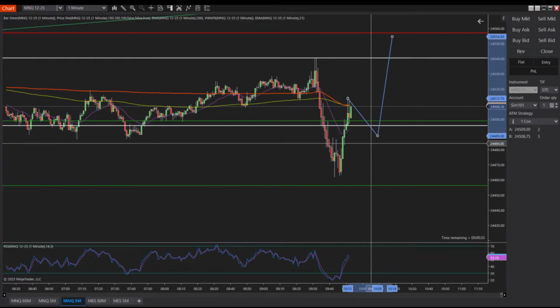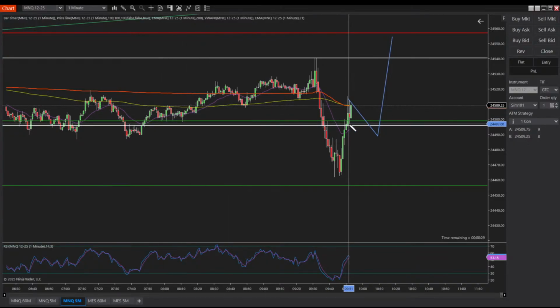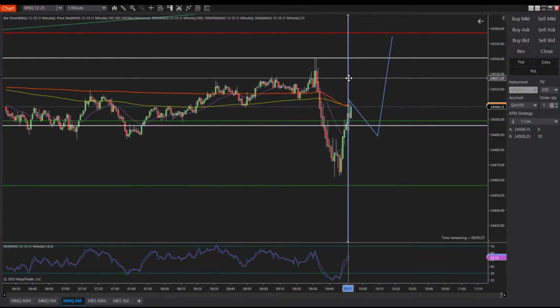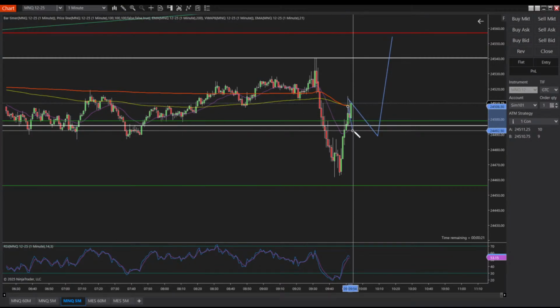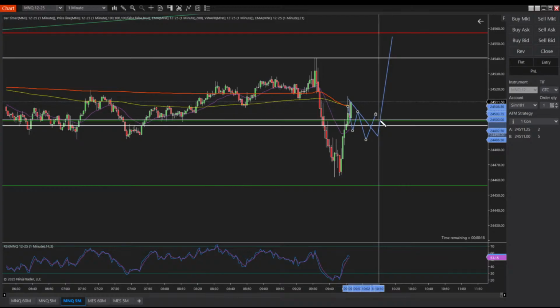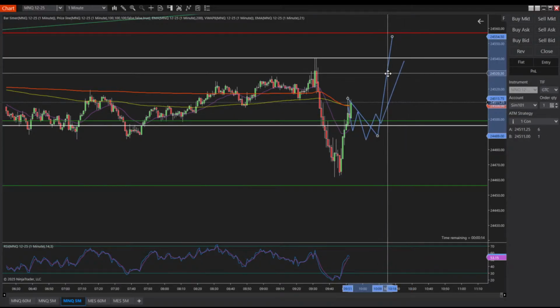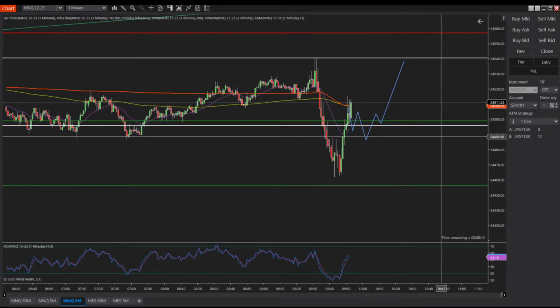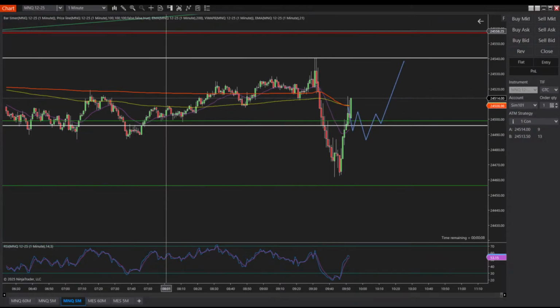So I will be checking maybe one more push down if this is actually going up, and I'll be looking for some sort of bull flag here, maybe a range a little bit. Something like that. Usually when the market reverses this far back, right?